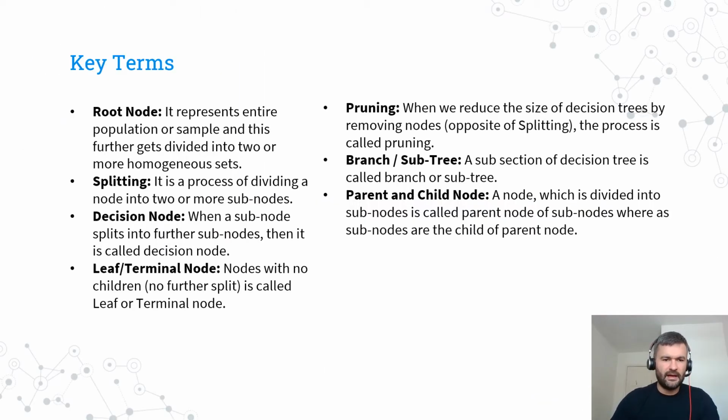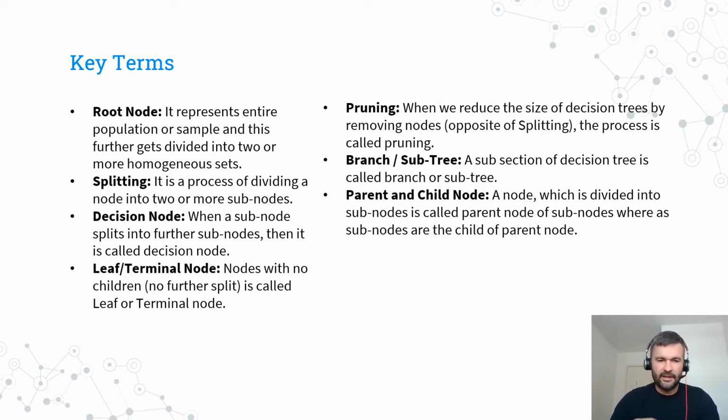And before we dive in, let me clarify a couple of key terms that will ultimately help you understand decision trees a lot better. The first one is a root node. Now this represents an entire population or data set, and this further gets divided into two or more homogeneous sets.